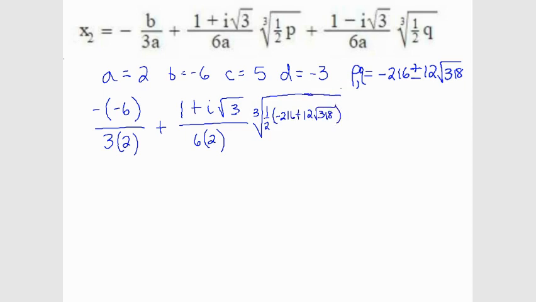Okay. And now we do plus 1 minus i root 3 over 6 times 2 times the cube root of 1/2, negative 216 minus 12 root 318. And let's go ahead and simplify.